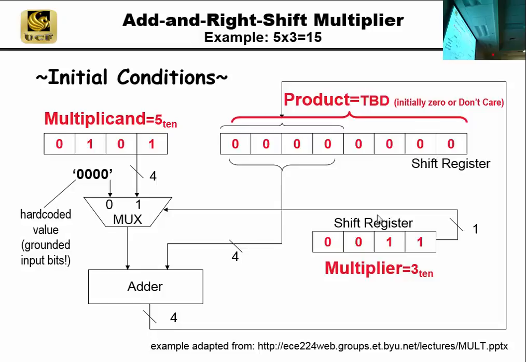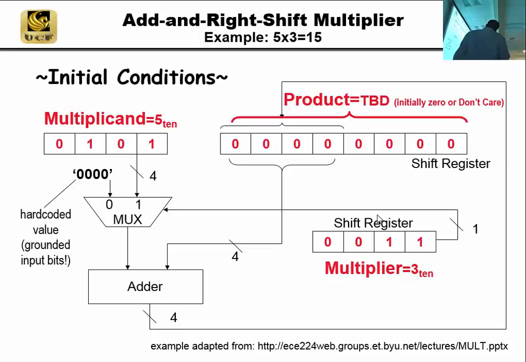So here, we want to start off with some initial conditions, multiply 5 times 3, and the result is 15. So here's the multiplicand register, and here's the product register, and again, we're just going to do 4 bits because 32 is too many to do by hand. But I have a register here that is 2n bits wide, and the n is 4. Right?